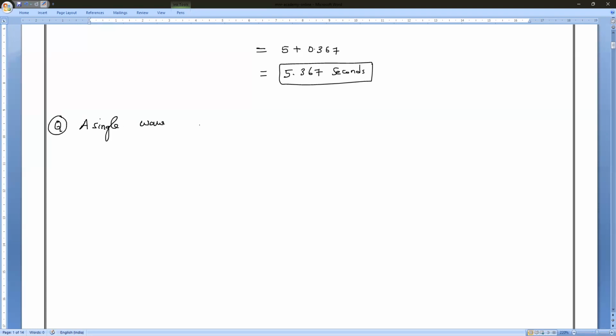A single wave produced on a rope passes through a point in 0.8 seconds.